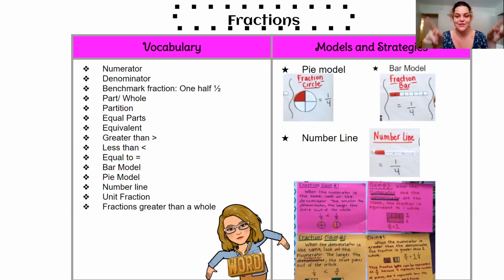Bar model, right? So that's one that we've definitely been utilizing a lot. And then the number line is also a great strategy, a great model to use. And then we have our fraction claims. And today we're going to go back to one of our fraction claims and just really zero in on that fraction claim.